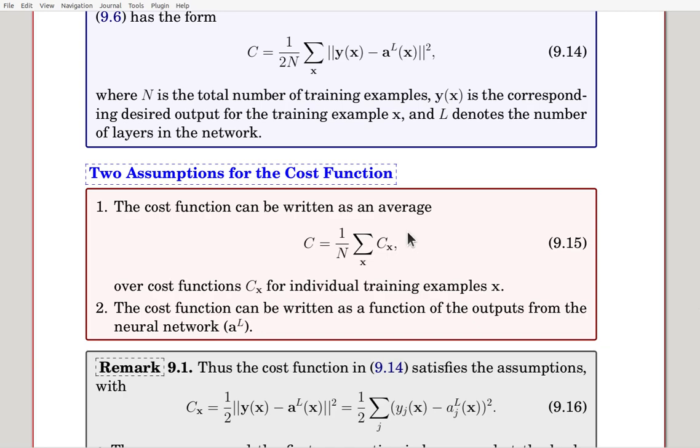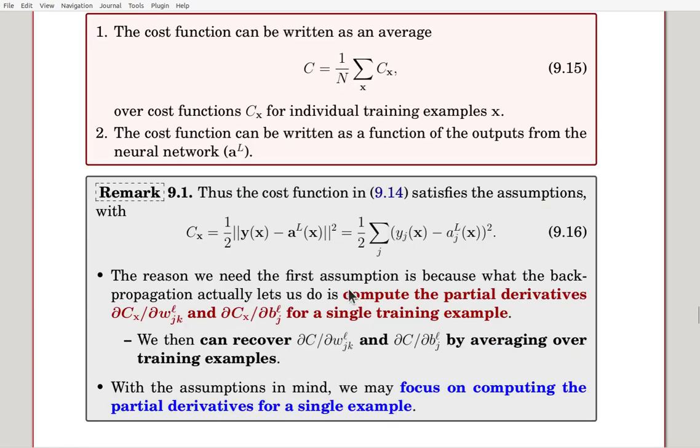The reason we are making these official assumptions is here. Along with these assumptions, C_x for an individual point x can be written in this way.